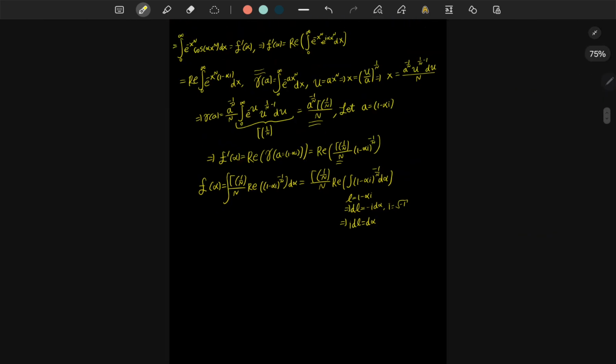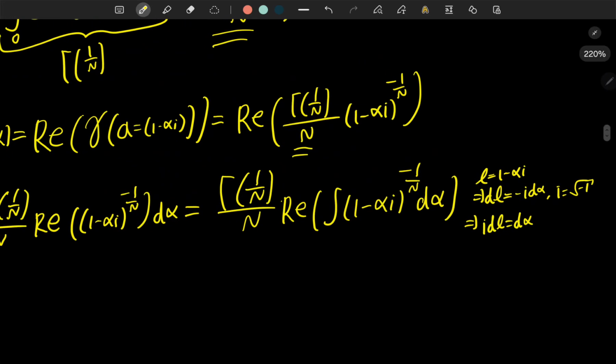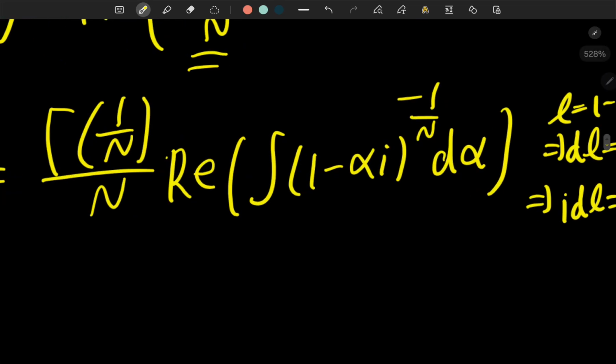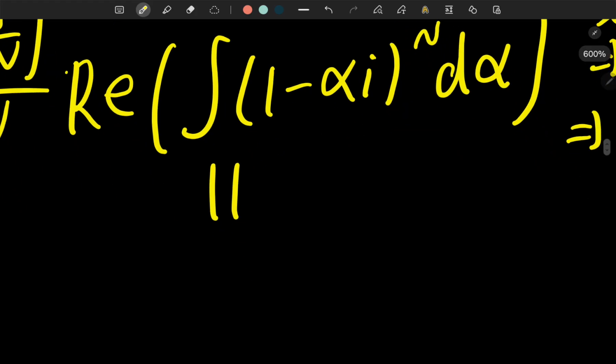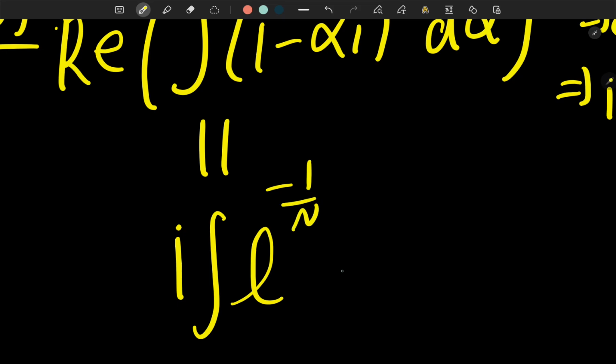So we can put this over here. So this integral would be equal to I from the differential element, the integral of L to the negative 1 over n dL.